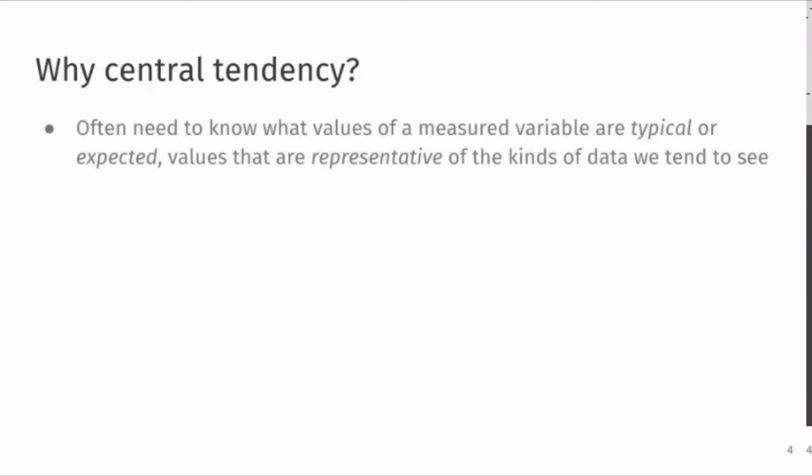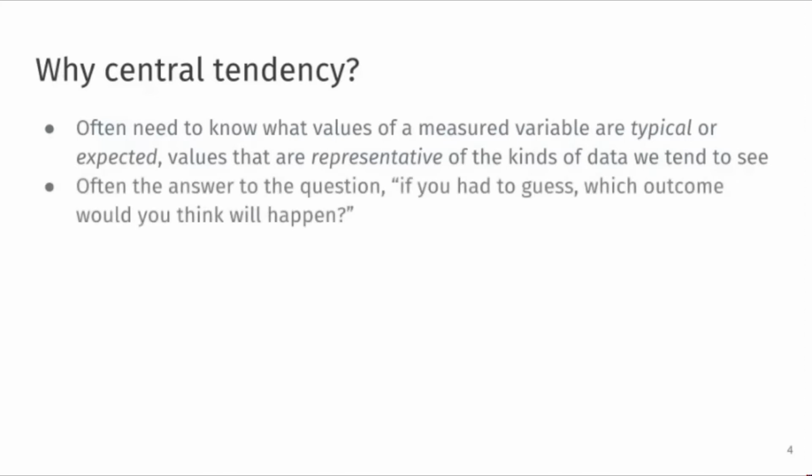Well, often what we need to do is know what values of a measured variable are typical or expected sorts of values, values that are representative of the kinds of data that we tend to see. And to go back to the set of questions I talked about in the very first class, the estimate of central tendency is often an answer to the question, if you had to guess, which outcome would you think will happen?